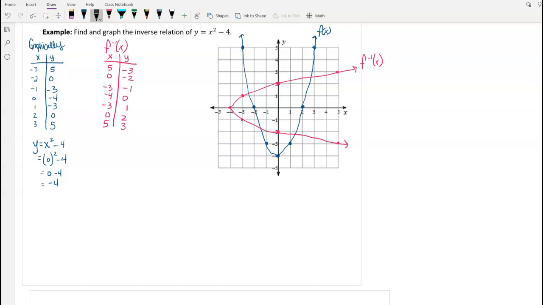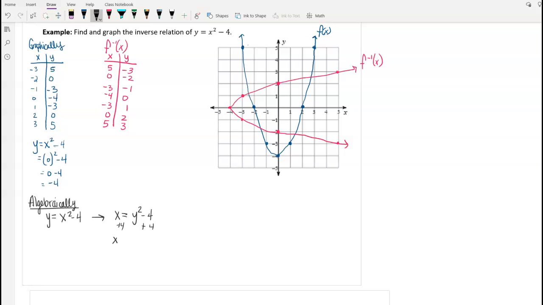Now, what do we have to do algebraically? The concept is still going to be the same. Originally, I had y equals x squared minus 4. However, to solve the inverse algebraically, you're going to switch your x's and your y's. So now I have x equals y squared minus 4. My goal is still to get y by itself, so I'm going to add 4 to both sides.